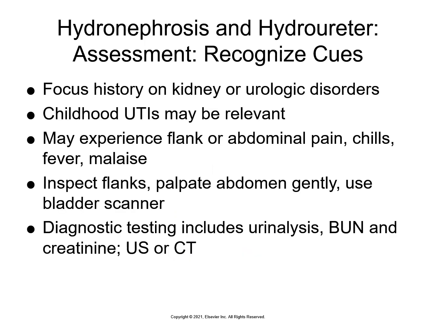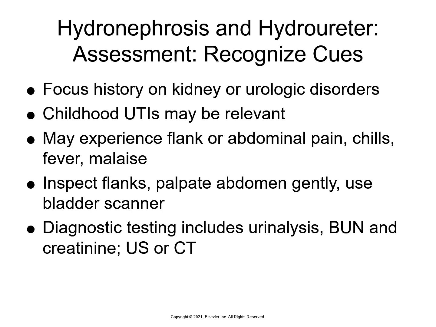So, how are you going to recognize cues? Again, history. You obtain a history from the patient. You focus on known kidney or urological disorders, say a history of childhood urinary tract problems that might indicate undiagnosed structural defects.